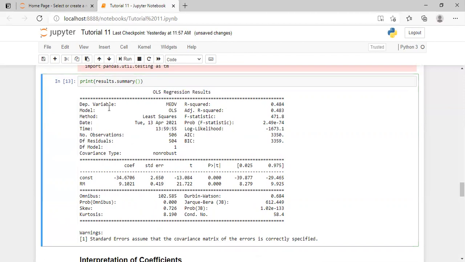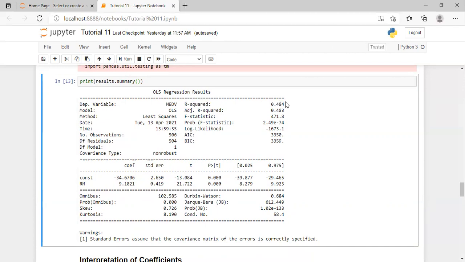It tells us that we are using MEDV as the dependent variable, we have used OLS as the model, and least squares, and it gives us the time my regression ran, around 2 p.m. There are a number of observations, there are residuals, so all the information is given, and most importantly, it also gives us R squared.